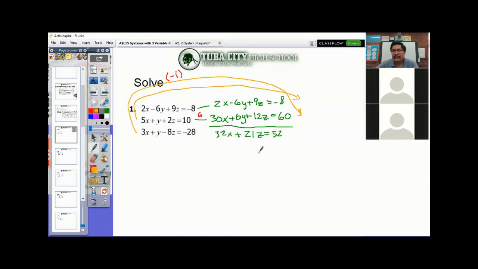But sometimes you just got to realize it just gives you a bad hand, and you guys got to be ready to work with whatever you get. -5x minus y minus 2z equals -10. Okay, now again, I'm going to double check these to make sure that I reversed everything. So -5x, -y, -2z equals -10.